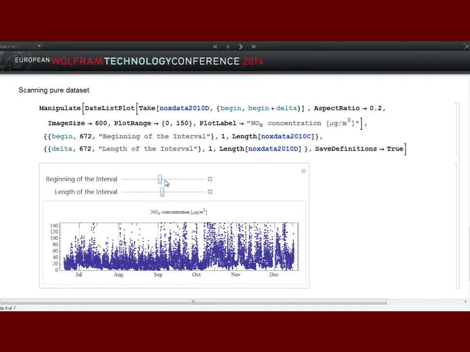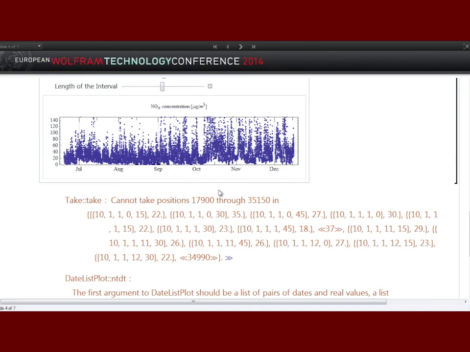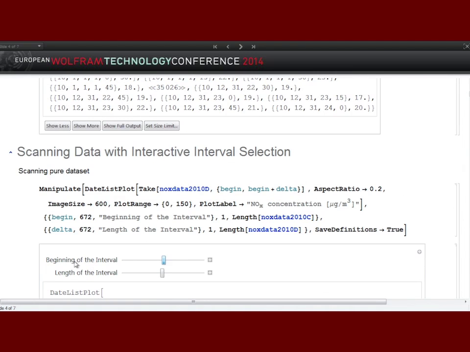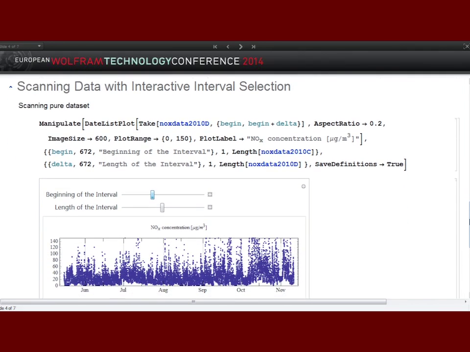So, again, it cannot handle, and the beginning of the interval is later than the end of the interval.